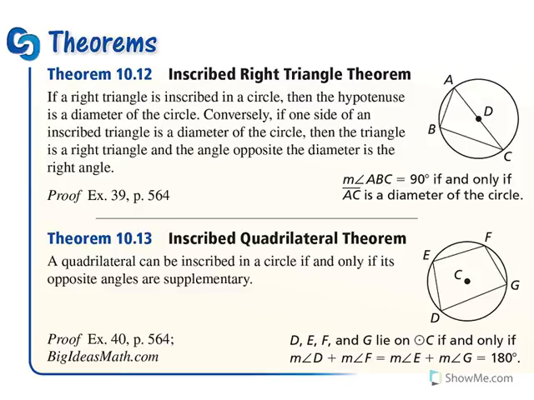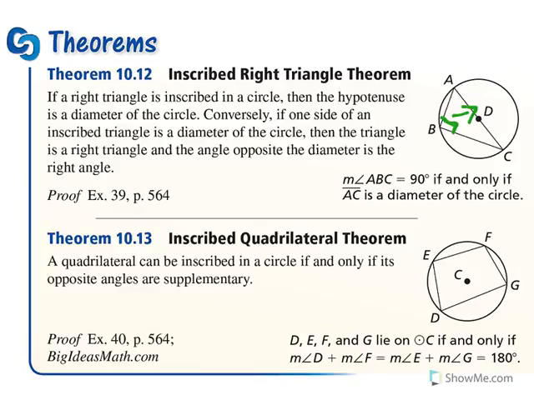So then based on that, we have a few theorems that kind of narrow things down for us. Whenever we have inscribed right triangles, they always have the hypotenuse go through the diameter. So if you notice, this one is going to be a right angle because the hypotenuse across from my right angle is the diameter of the circle, it goes through the center of the circle.